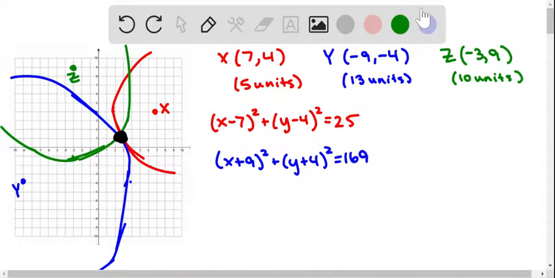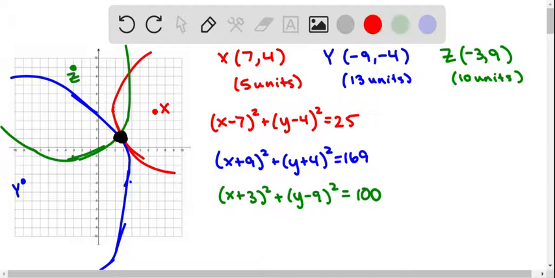And then for the green circle, we would have (x plus 3) squared plus (y minus 9) squared equals 100. Okay, so we're looking for the point of intersection of these 3 curves.